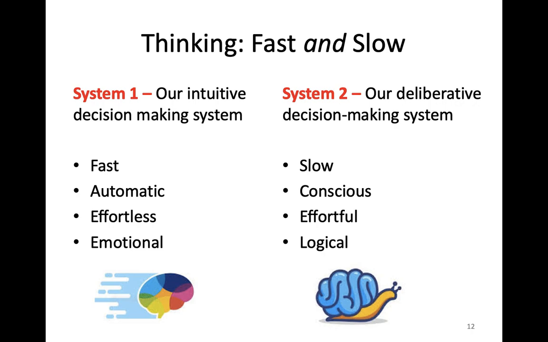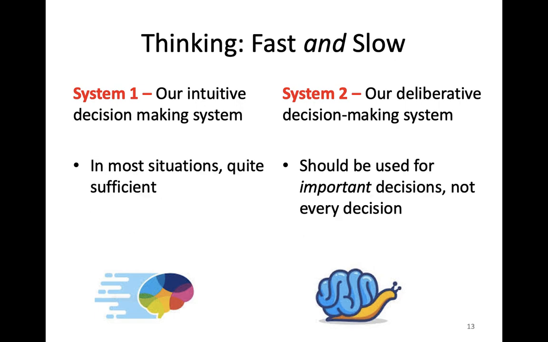Bounded rationality is more consistent with system 1 thinking. And indeed, system 1 thinking is how we make most of our decisions most of the time. Indeed, in most situations, using our intuitive system 1 is really quite sufficient.